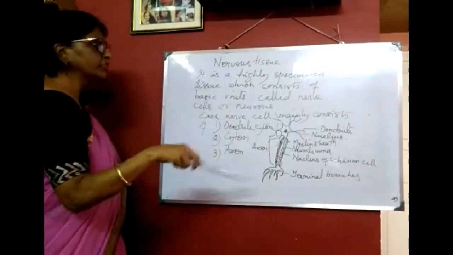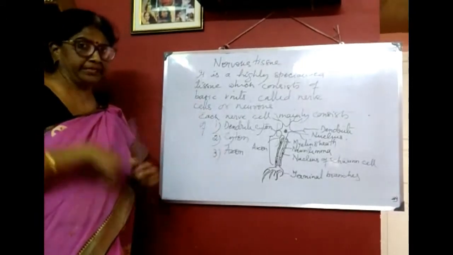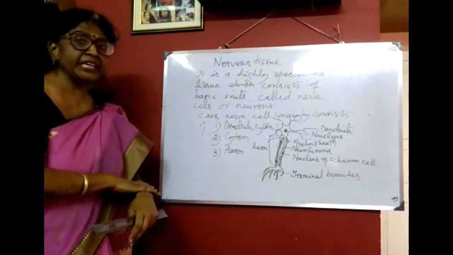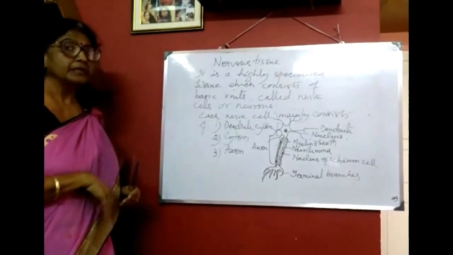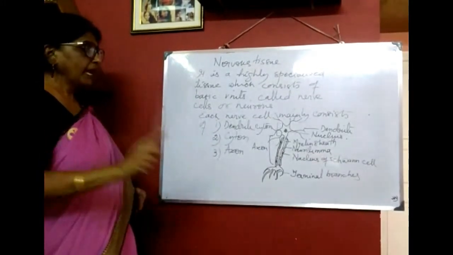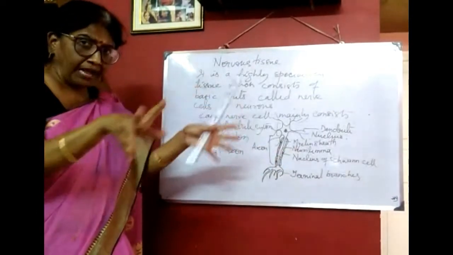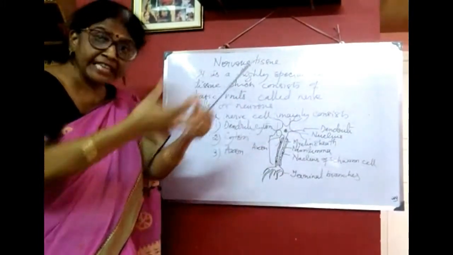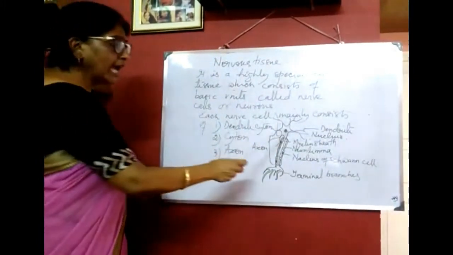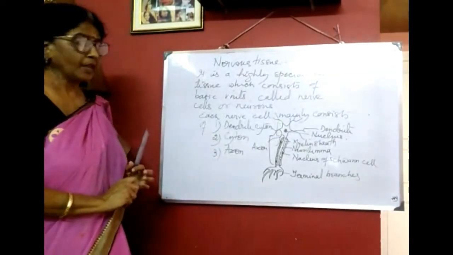The main function of this is to transfer impulses from the receptor to CNS, and from CNS to effector. This is the main function. Now we can see here dendrite. Dendrites are the branches which help in receiving impulse and transmit it to the axon through cyton.